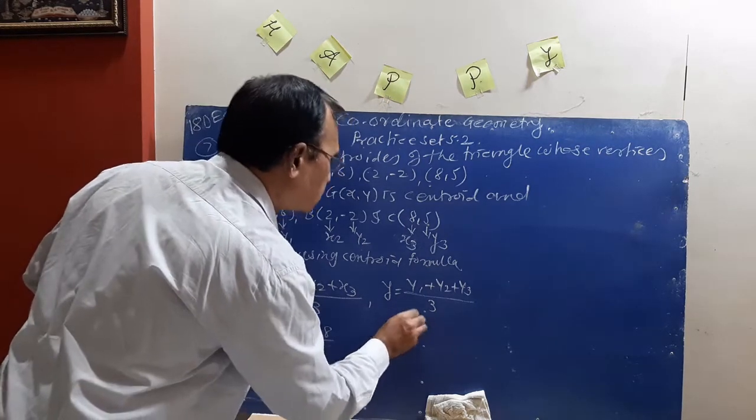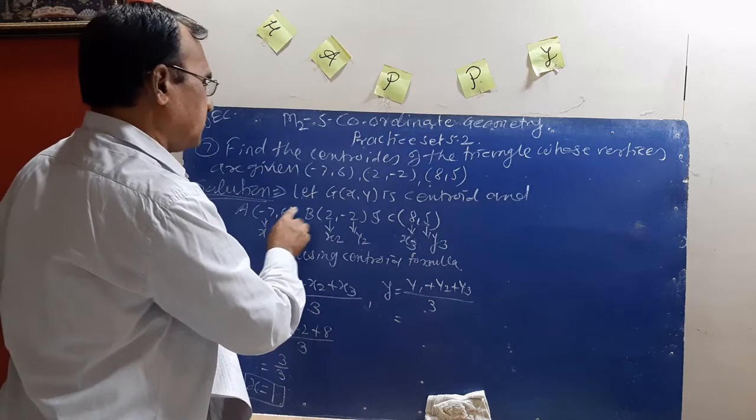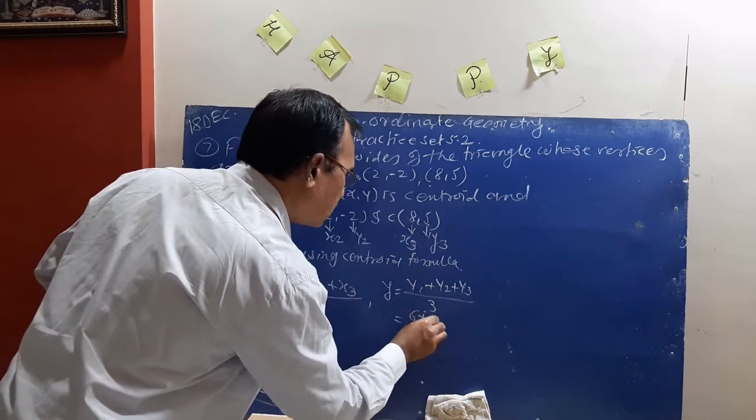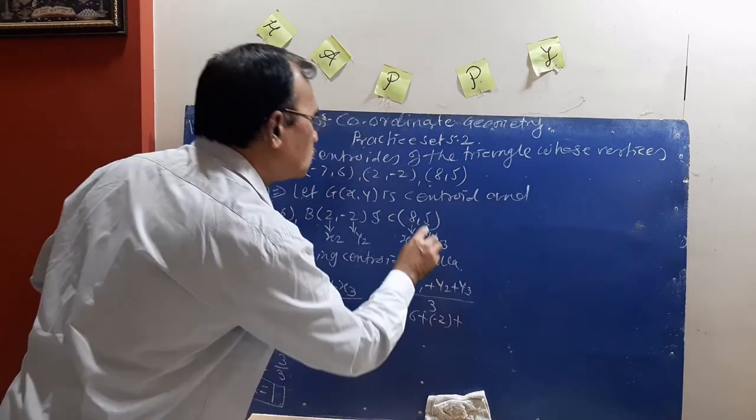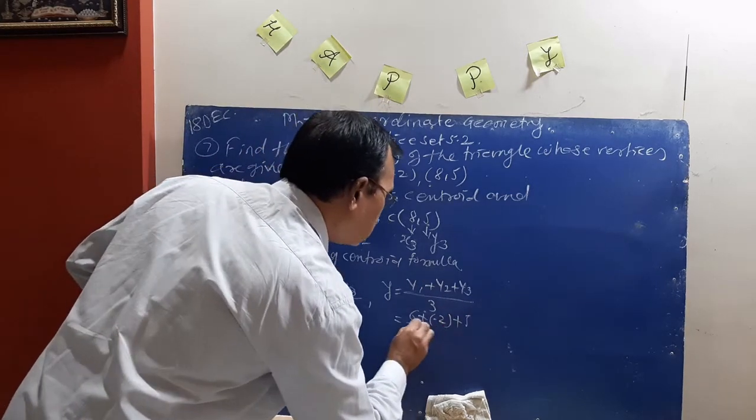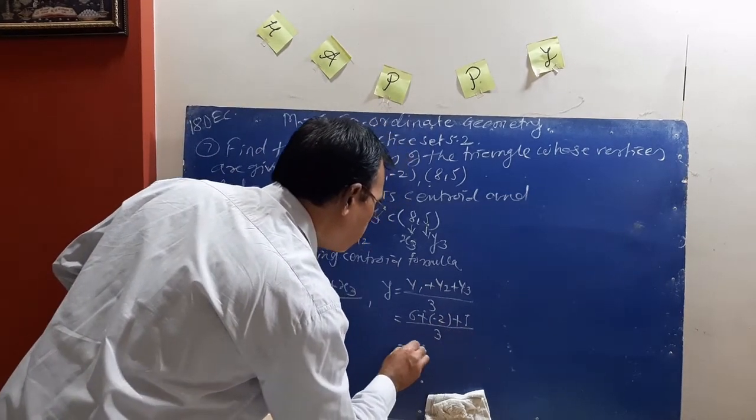And here y1 is 6 plus (-2) plus 5 divided by 3.